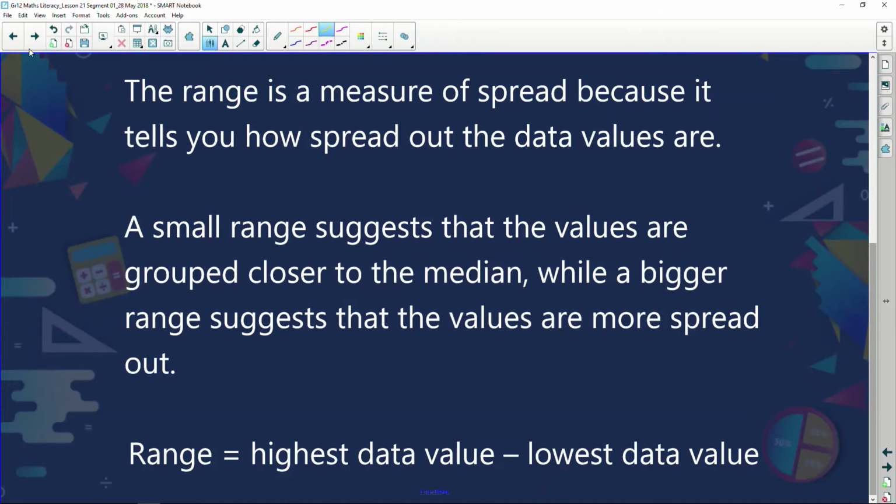So if my range is small, then all that data is very close to that median. If it's a wide or large range, it means my data is really spread out. Here's the median, and I'm getting further and further from that median. Remember that range is equal to the highest data value minus the lowest data value.